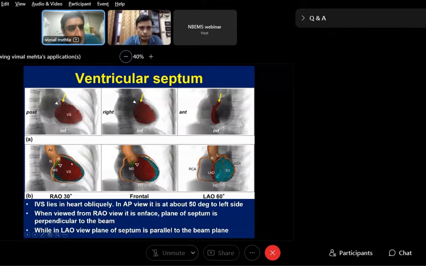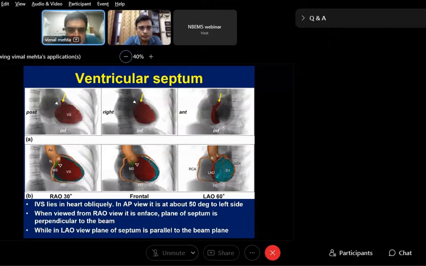And as I said, both the ventricles are overlying each other. Our interventricular septum normally lies in the heart obliquely. So this is the AP view, and it is about 50 degrees to the left side like this. When you do right anterior oblique, then the septum becomes perpendicular to the beam.